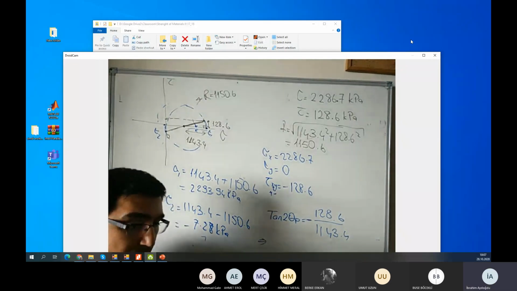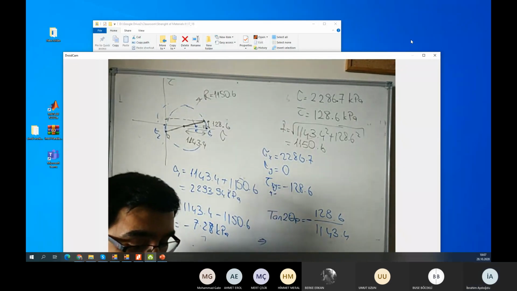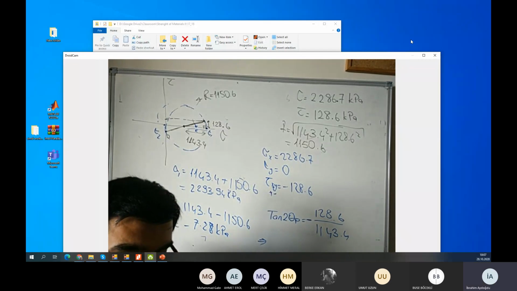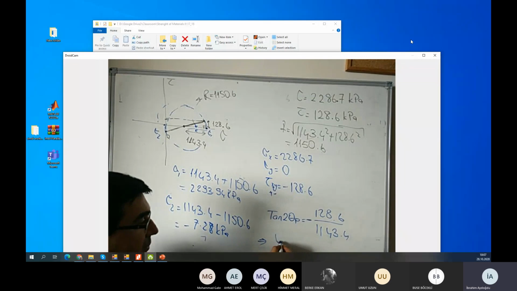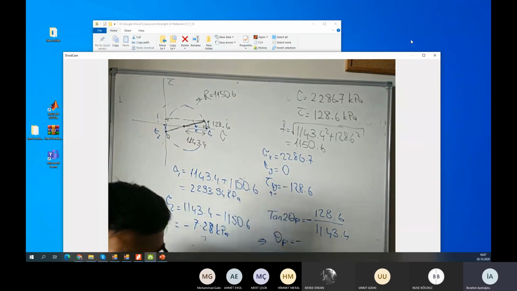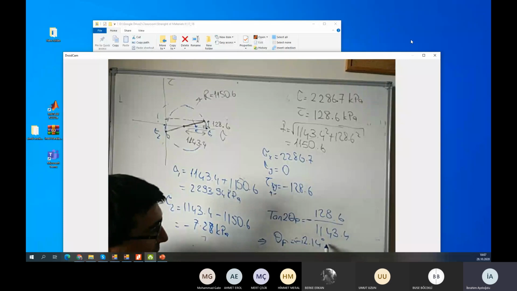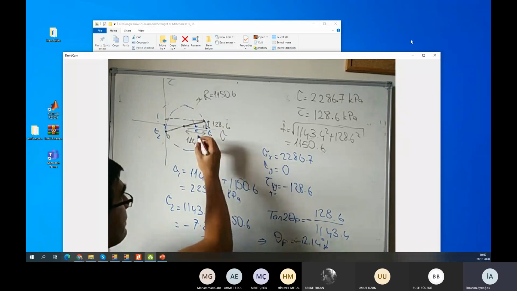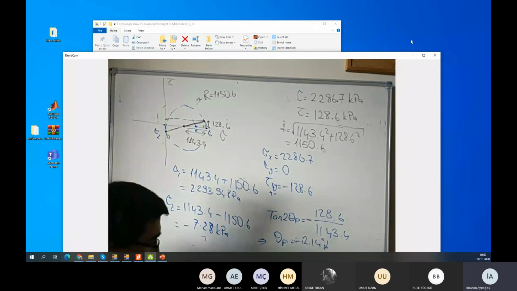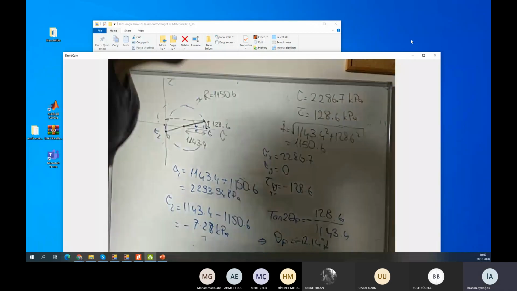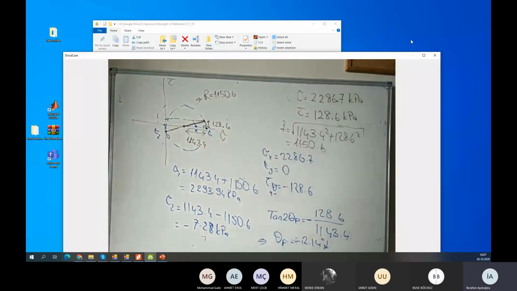Again, my angle 2 theta P is equal to minus 2.14 degrees, and minus means clockwise direction. You can see the angle in the clockwise direction. Okay, this is the end of the question.